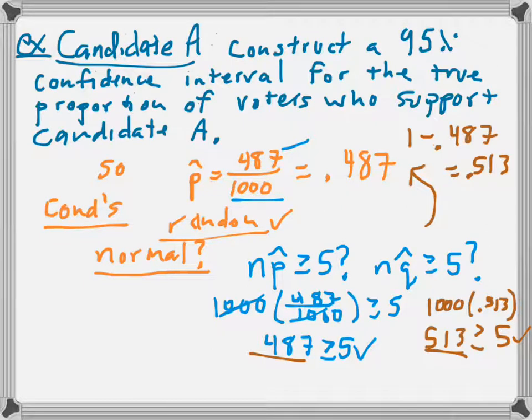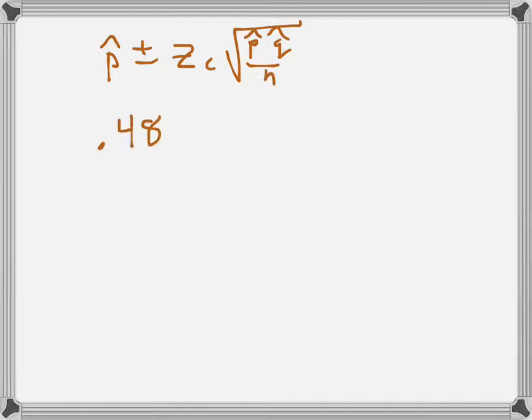Okay, now our conditions are satisfied, so let us calculate our confidence interval. We'll need a calculator for this. Our p hat was our sample proportion, which we already got: 0.487. Notice all these numbers are going to be decimals between 0 and 1.